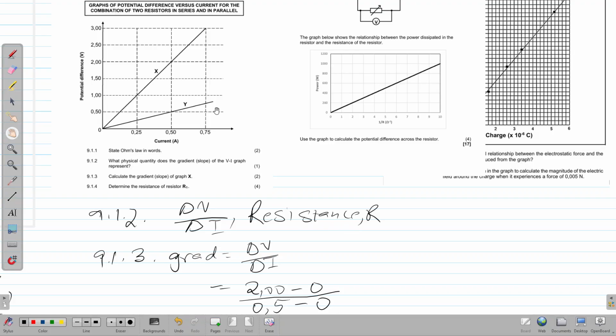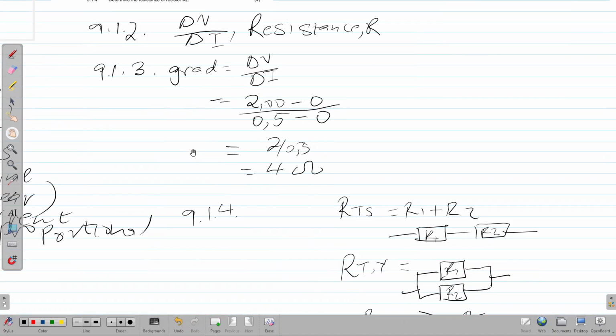When we look at these two gradients, what is the gradient of graph Y? If I go 0.5 units on the x-axis, what is my change in y? The change in y is also 0.5. So the change in x and the change in y are the same, and therefore the gradient of graph Y is 1.